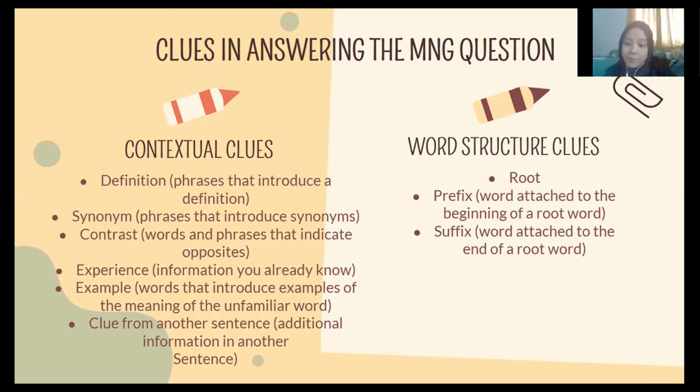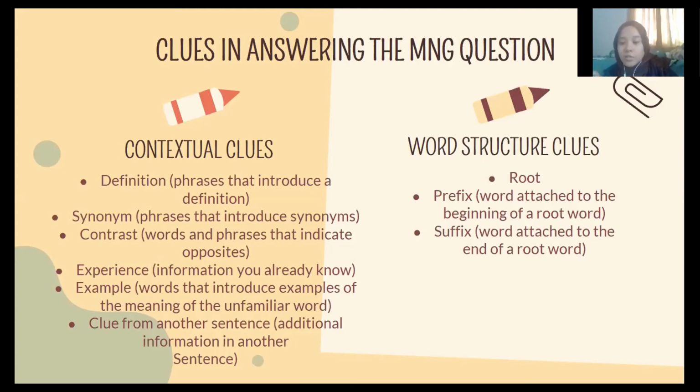And for the experience clue, it is information that you already know. Experience contextual clues can help you to figure out the meaning of a new word. It is the thing or phrases that we are very familiar with because we have already experienced them.